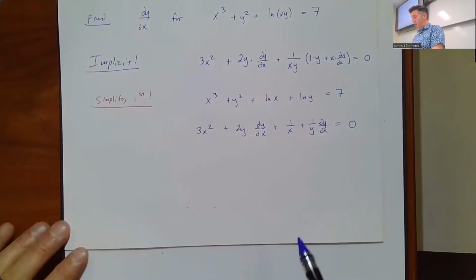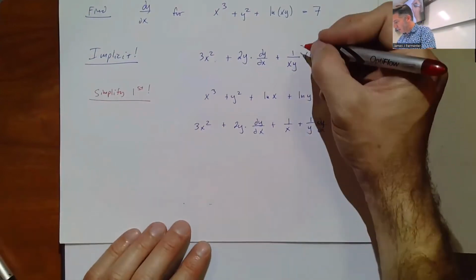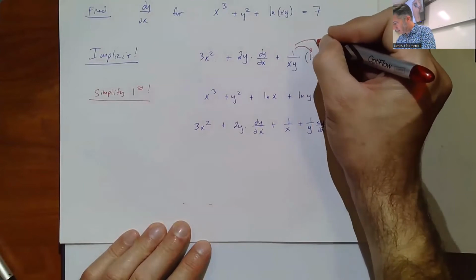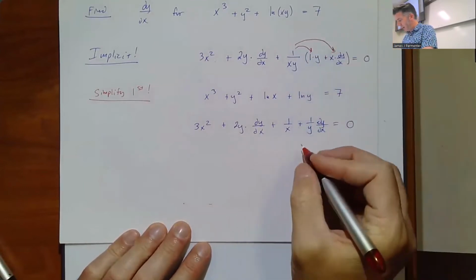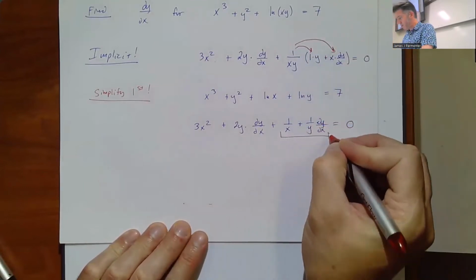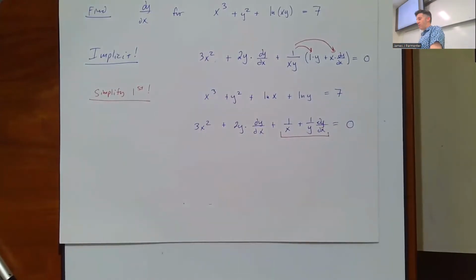And that's totally what you would get if you distributed this to each of those. 1 over xy times y would be 1 over x, and 1 over xy times x dy dx would be 1 over y dy dx. Yeah, good observation. Definitely, that's the way we should have done it.